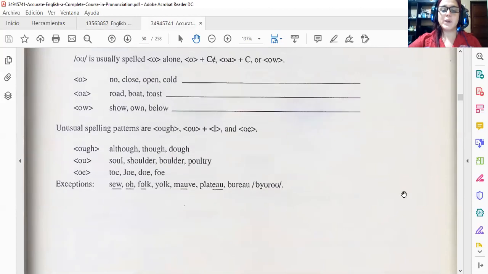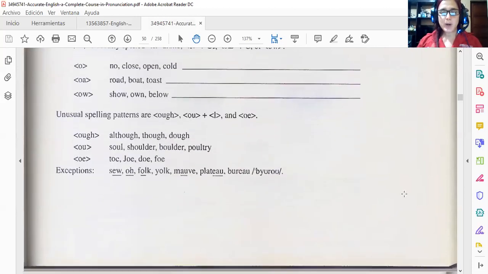Be really, really careful about this part because we also have infrequent or unusual spelling patterns, okay? These ones are represented in this case of the O by the letters O, U, G, H, or O, U plus the letter L, and also we have the OE.